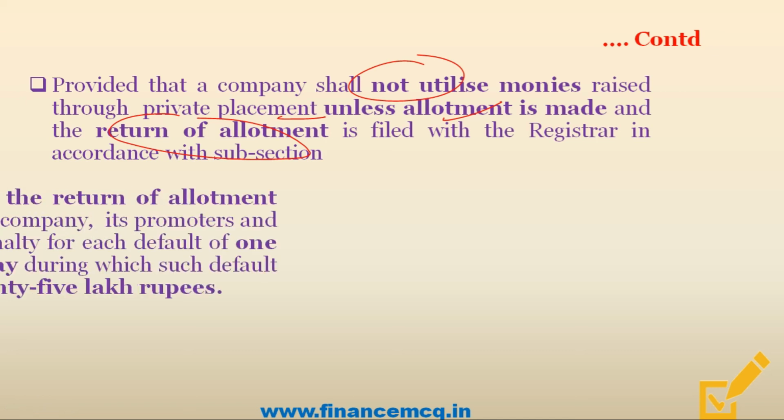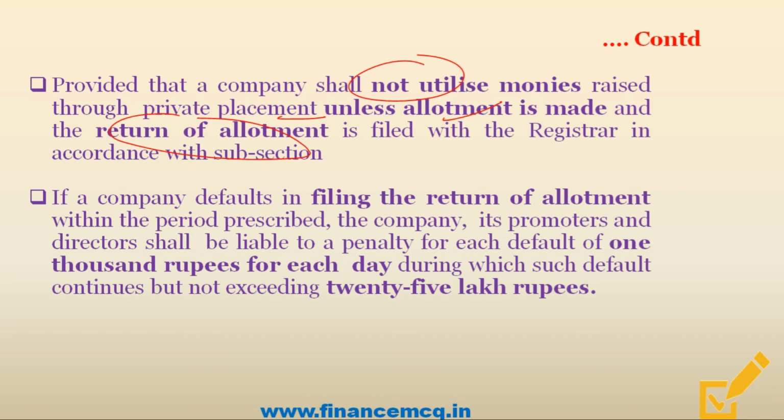And friends, as far as the penal provisions are concerned, if a company defaults in filing the return of allotment within the period prescribed, that is 15 days, the company, its promoters, its directors shall be liable to a penalty for each default of 1000 rupees for each day during which the default continues, but not exceeding 25 lakh rupees.